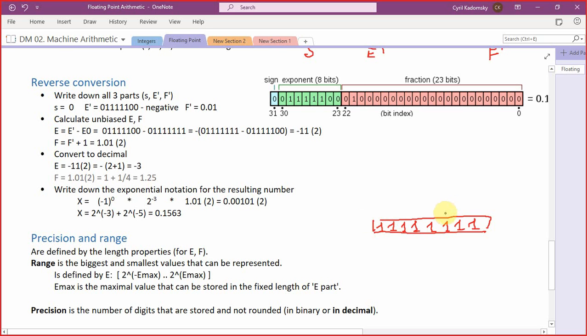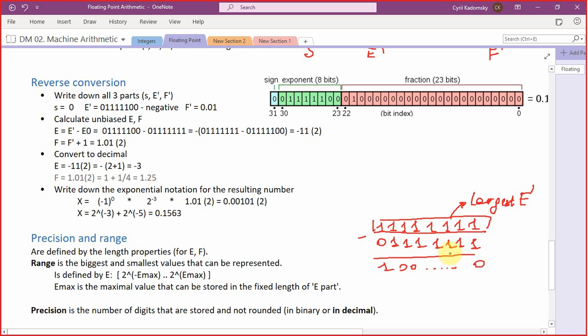So this is the largest biased exponent that we can have. But this is biased. We must subtract the bias, which is 0, 1, 1, 1, 1, 1, 1, 1, and the result will be 1 and all zeros.